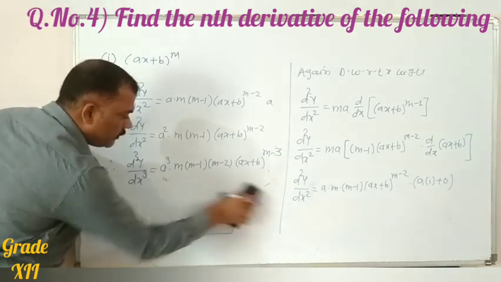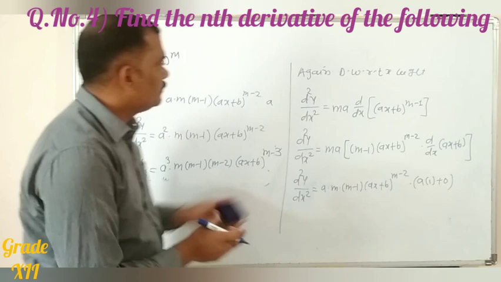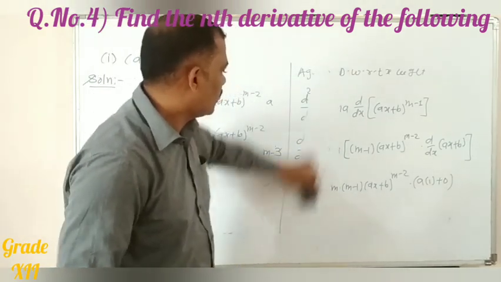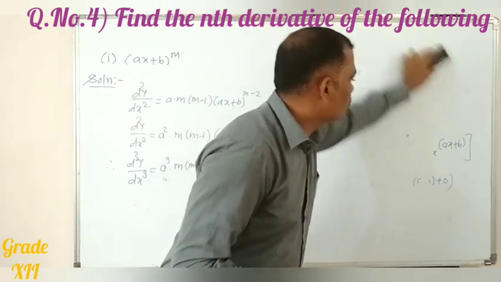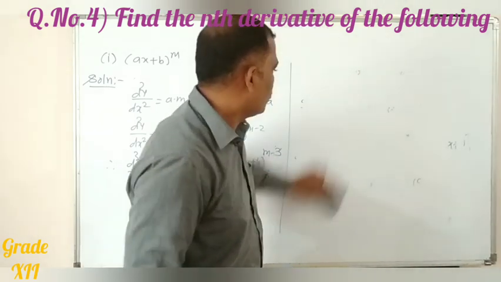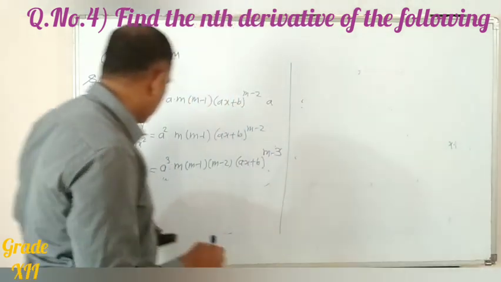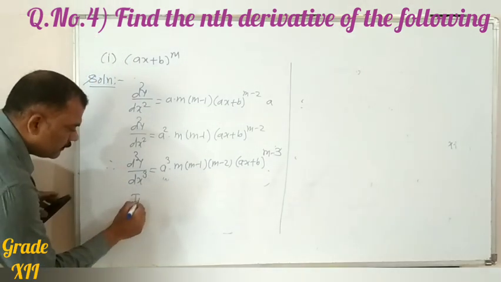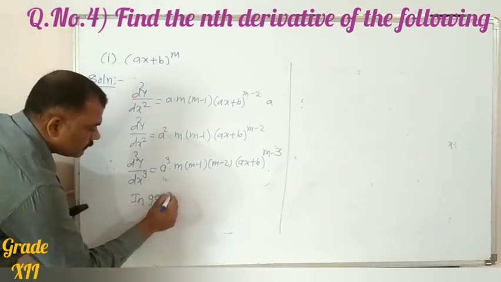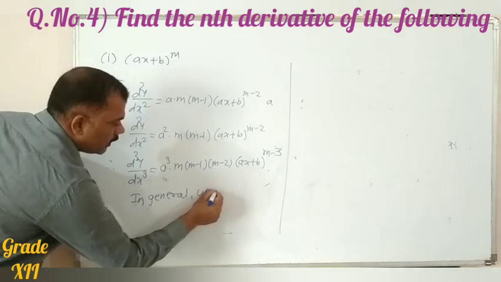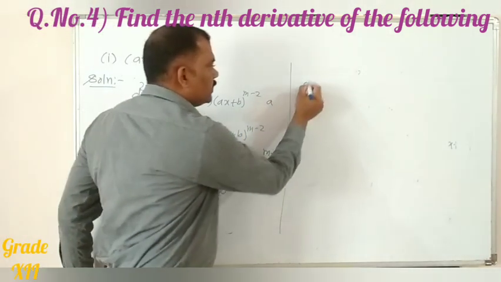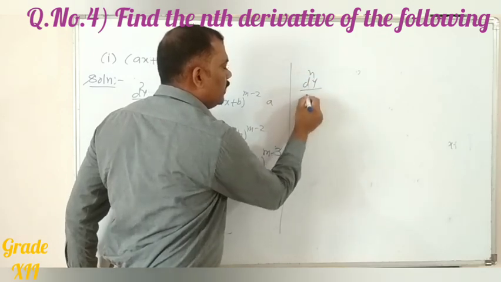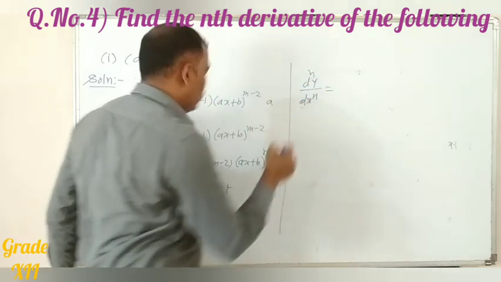So that in general we can write nth order derivative, that is dny by dx raised to n is equal to.